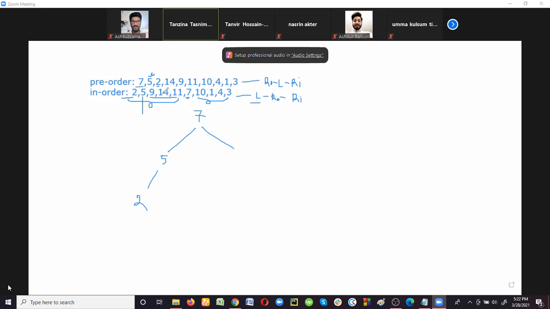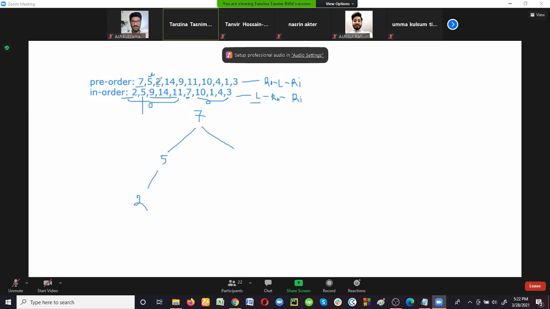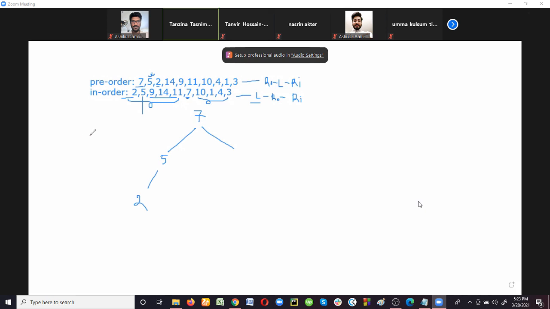Okay, so now in the right subtree there are 3 nodes, 9, 14, 11. So which one is actually the right child of 5? We have to find it out from the pre-order traversal, isn't it? From those 3 nodes, 9, 14, and 11, which one can we get first in the pre-order traversal? Obviously 14, right?